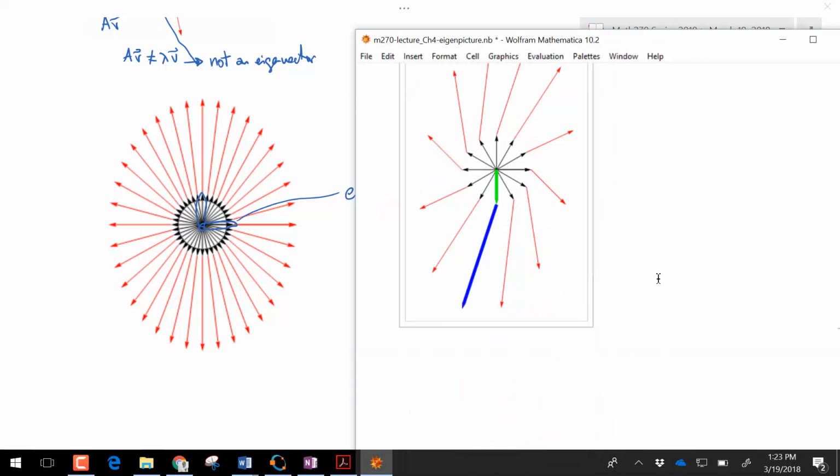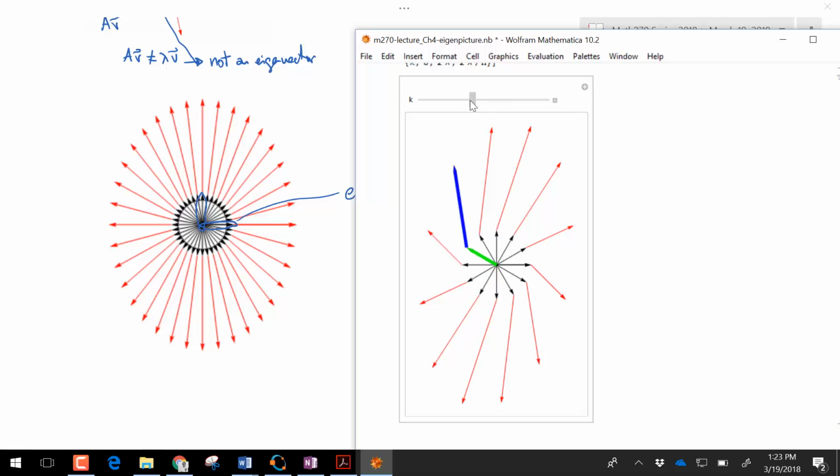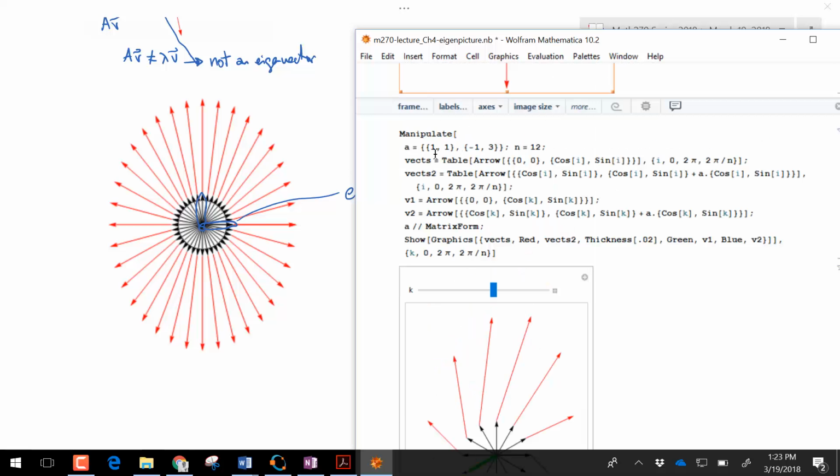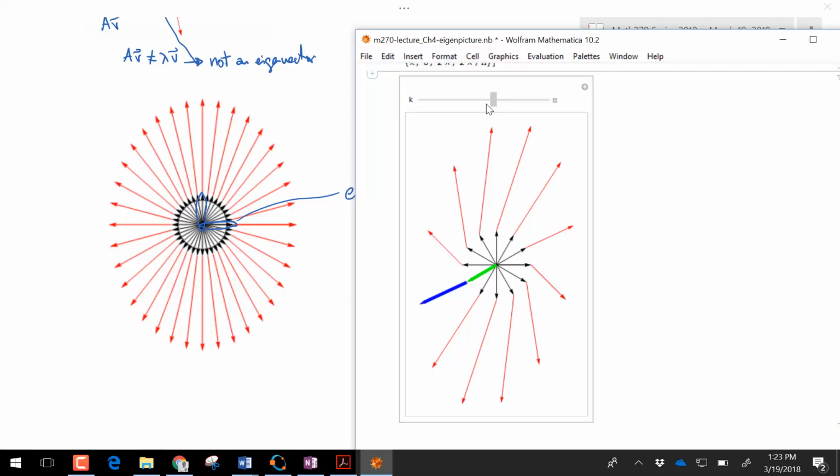Let's see, do I have more pictures? Oh, I have this picture. It has sort of an animation. So this is a different matrix. This is a 1, 1, negative 1, 3 matrix that looks like it has a little bit more interesting bends. And then you can see where the possible eigenvectors might be. So this clearly is not, right?